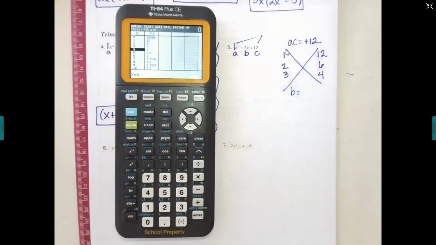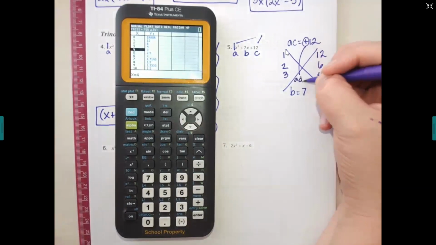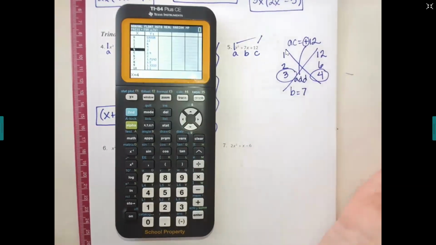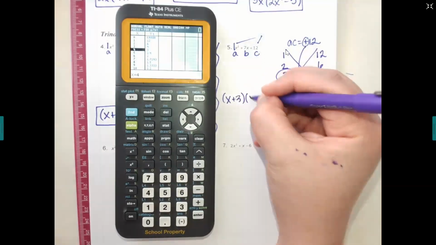Okay, but remember, as soon as you get to your first one where it's the same pair again, that's where you can stop. Okay, now I want numbers that add to my basement number, which is what? 7. So which of those are going to add to give me a 7? 3 and 4. Is my A a 1? I'm done. Then it's going to be x plus 3, x plus 4.